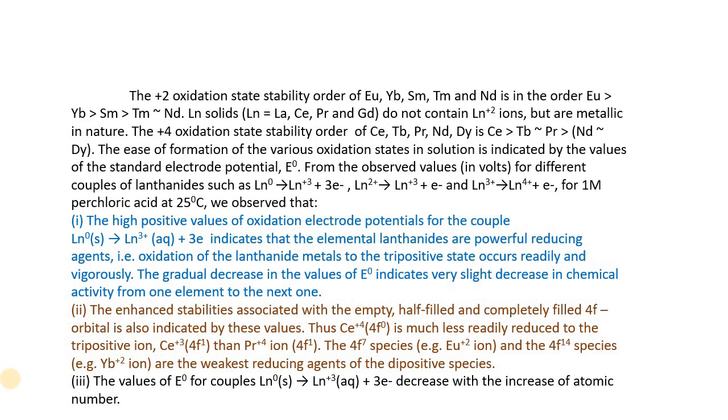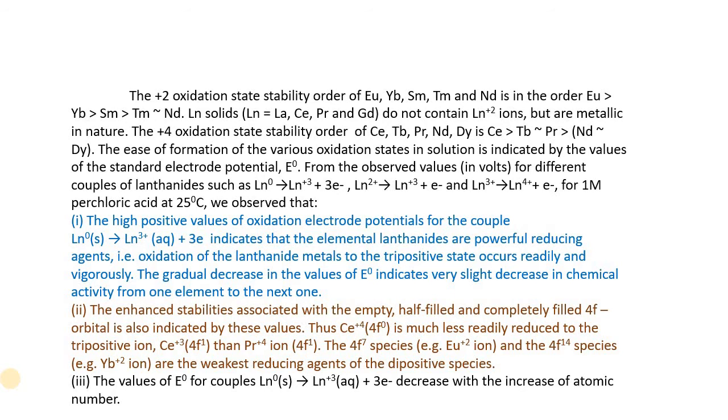Those species which are powerful reducing agents can reduce others and get themselves oxidized. It means the conversion of lanthanide 0 to lanthanide +3 is easy. And now listen to this statement. The gradual decrease in the value of E0 indicates very slight decrease in chemical activity from one element to the next one.